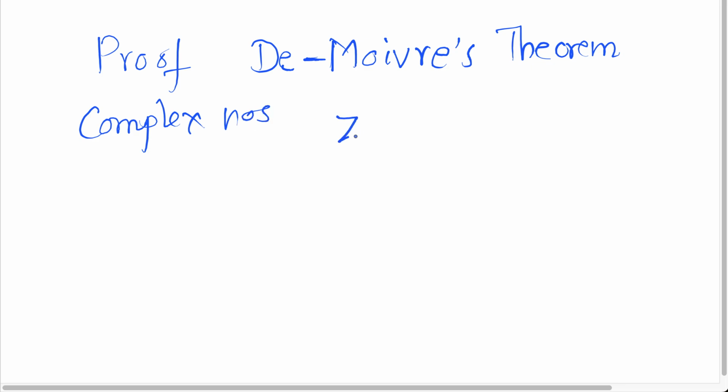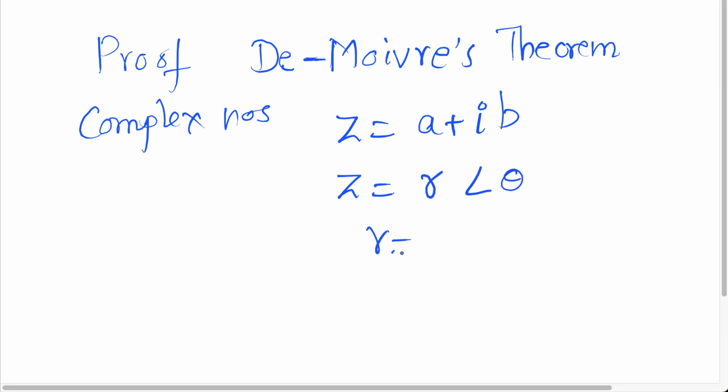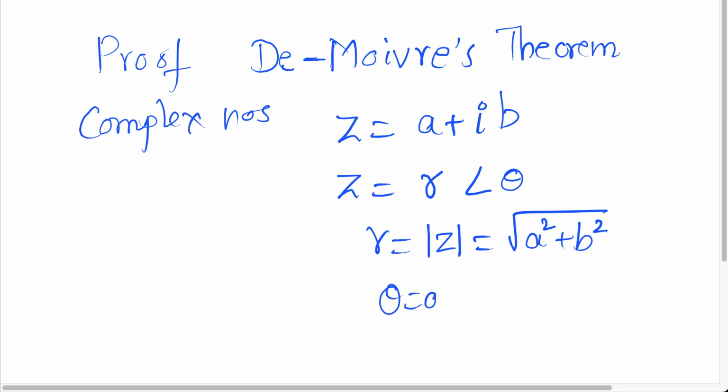We have learned that complex numbers can be expressed in two formats. One was the Cartesian form, where a is the real part and b is the imaginary part of the number, and complex numbers could also be expressed in the polar form, where it is written as (r, theta), and r is nothing but the modulus of the complex number, which is the square root of real part squared plus imaginary part squared, and theta is the argument of the complex number, which is tan inverse of b by a.